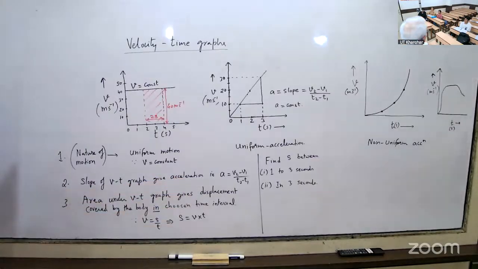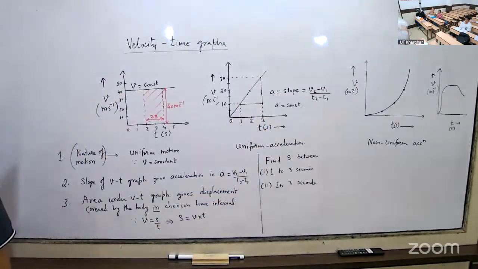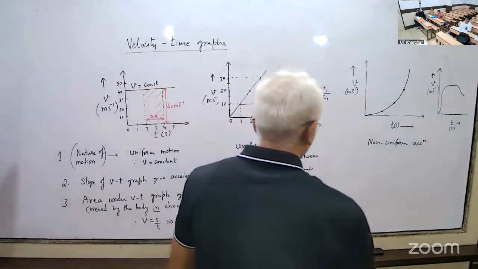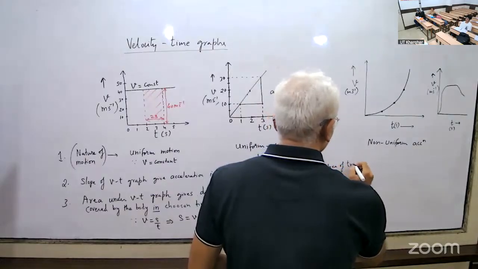Okay. So what is the time interval I am giving you first? Between 1 to 3 seconds. Not 1, 2, 3. That's the time interval. Okay. So what's the area? So 10 to 30. It is making a trapezium now, so it will be the area of a trapezium.